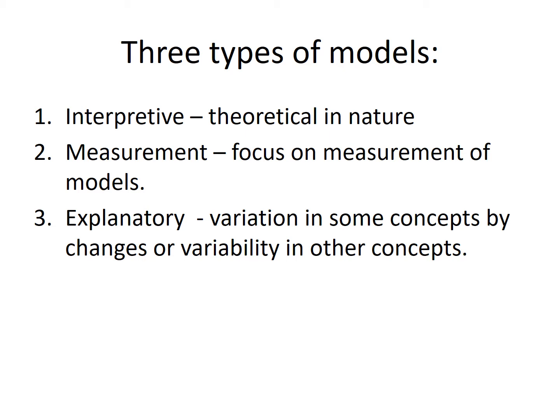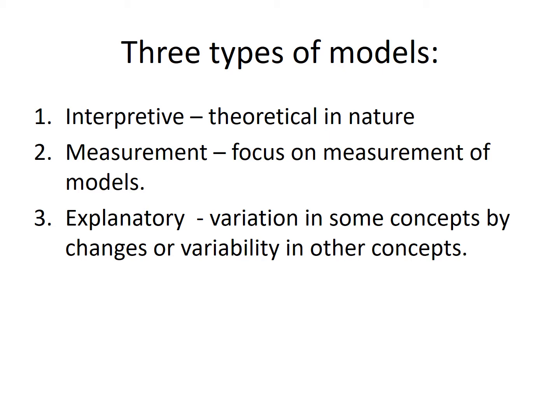Measurement and explanatory just sound like what they are. The measurement model focuses on measurements of models. In figures that you're going to be analyzing, if it has a lot of direct measurements, then you're going to understand that as a measurement model. And explanatory is a variation of some concepts by changes or variability in other concepts.